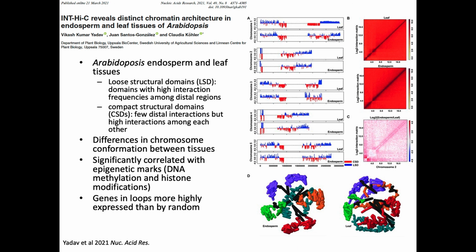And so we can see, sometimes the patterns are pretty similar between the leaf and the endosperm on these chromosomes, and other times they can be very different, right? And you can kind of see how endosperm in this case ends up being a lot more structured versus leaf, which tends to be a little more open.